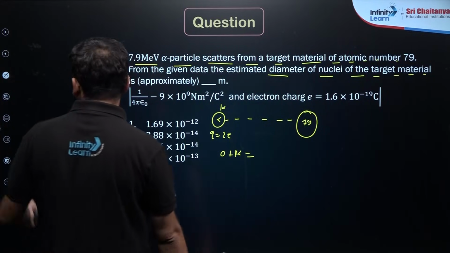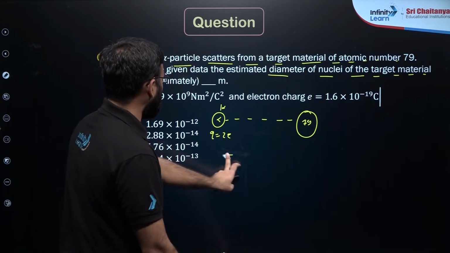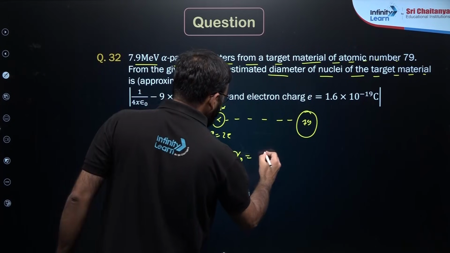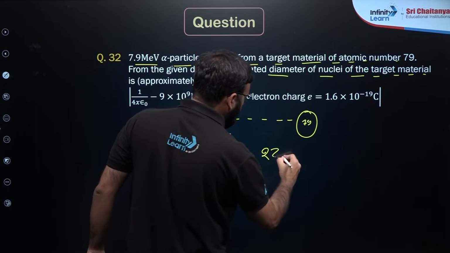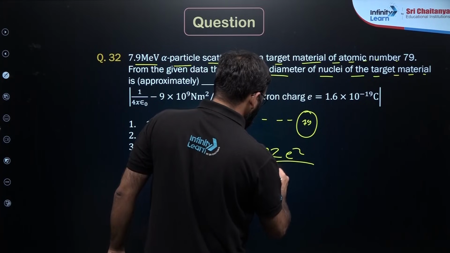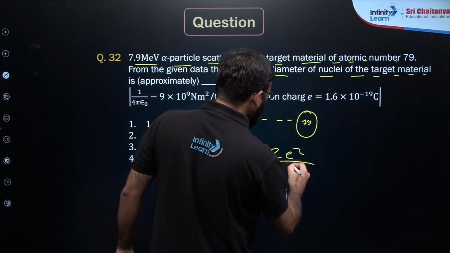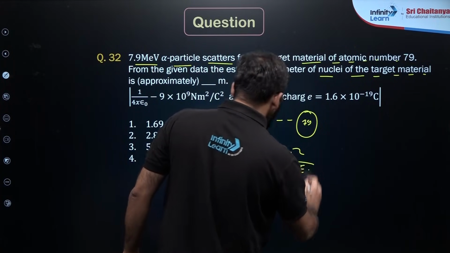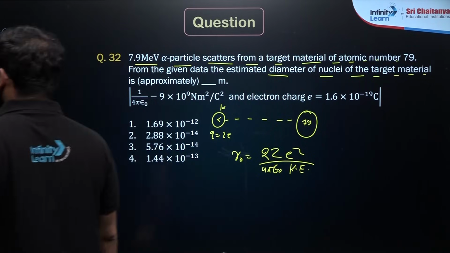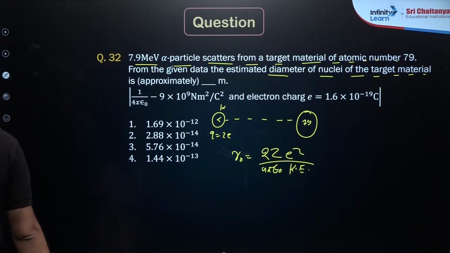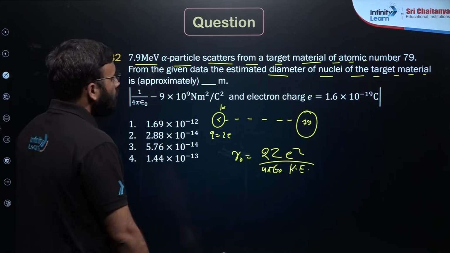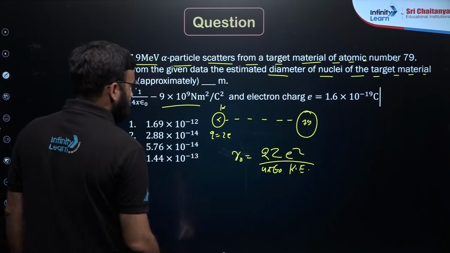So I will directly write the radius of closest approach formula. r naught equals 2 Z e square upon 4 pi epsilon naught into its kinetic energy. So everything is given here, beta. Just use that formula, put the values, and you can get the answer. The value of 1 upon 4 pi epsilon naught is 9 into 10 to the power 9.